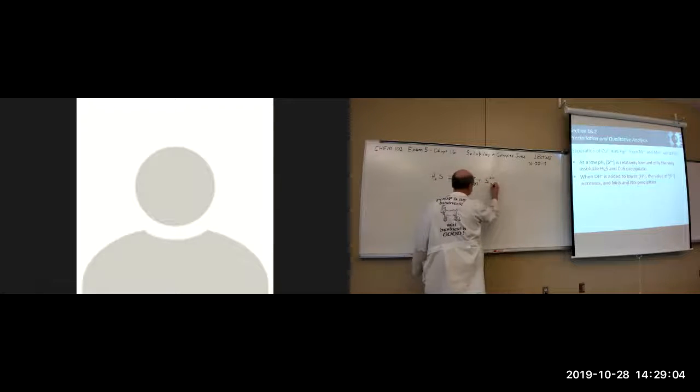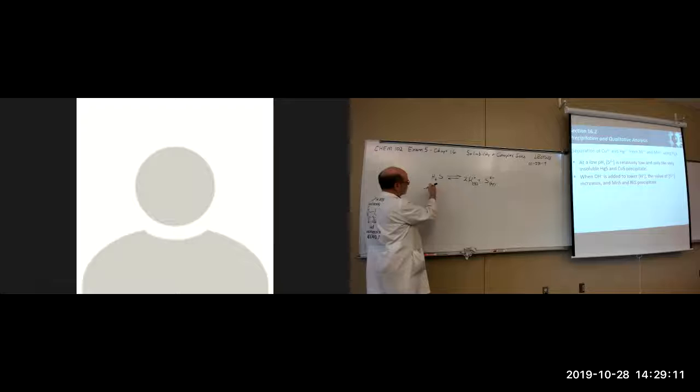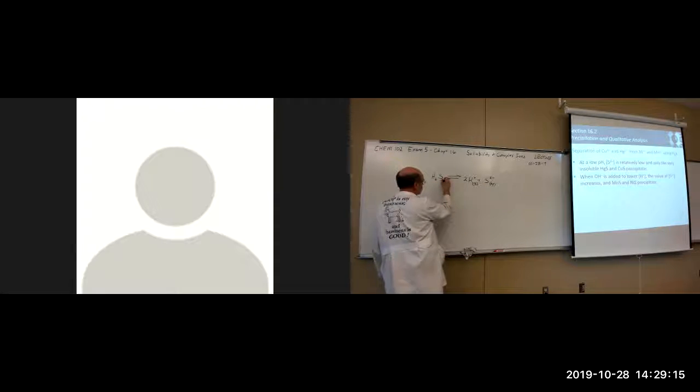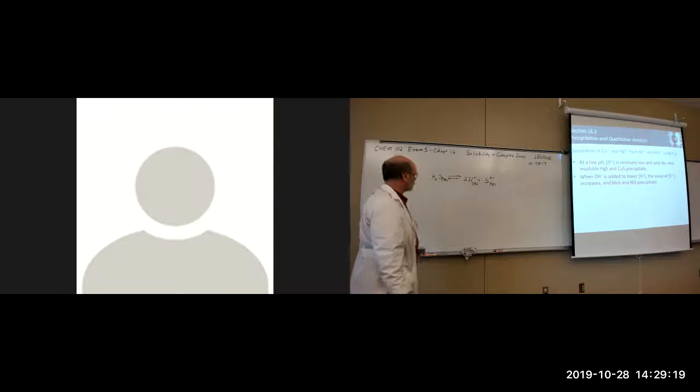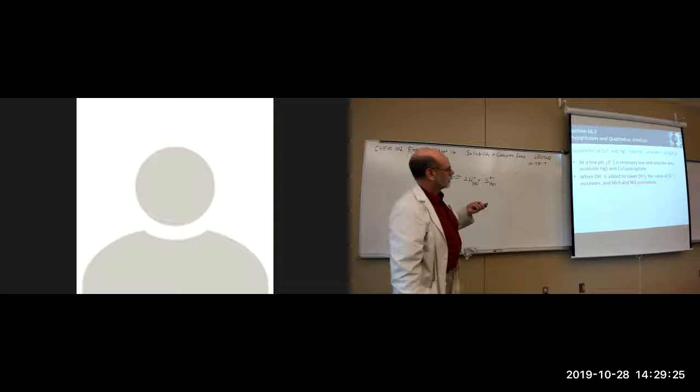These things have to be in solution. Well, this hydrogen sulfide is a gas, so I guess what we're going to do is put it in solution to make it available. But it has to dissociate into this sulfide in order to make it available to interact with the copper and mercury.